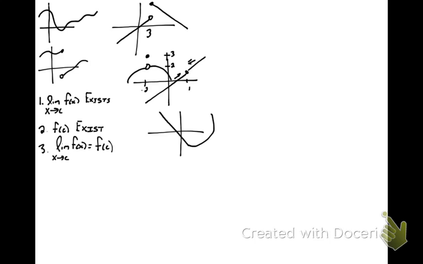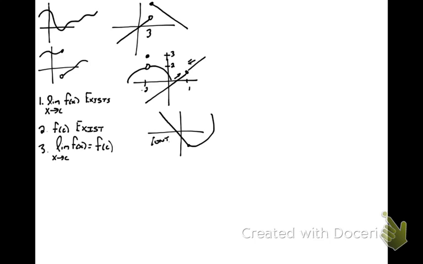This is continuous because the limit exists, the function's value exists, and the limit and the function's value are the same. So this is an example of something that is continuous. So hopefully you're getting a sense of why something is or is not continuous based on our more rigorous definition.